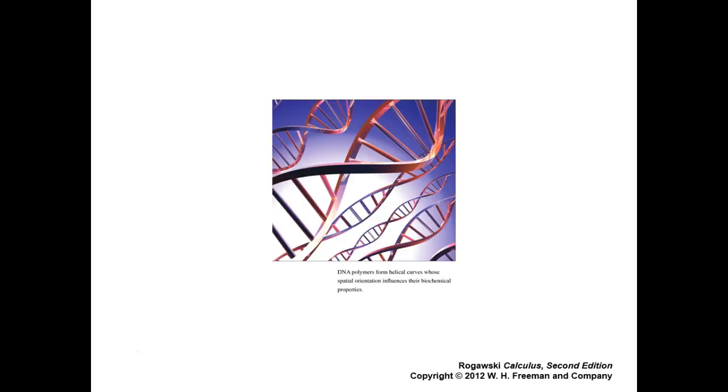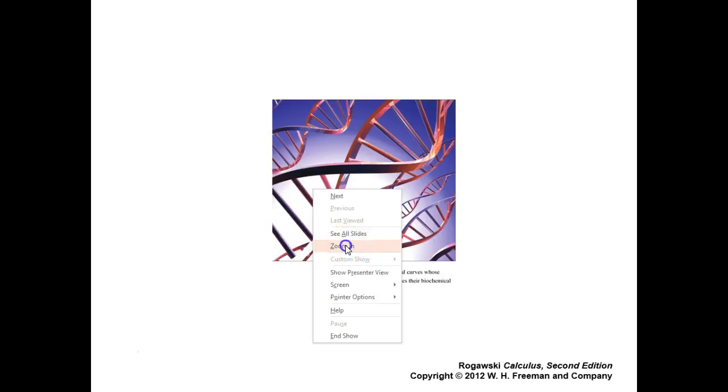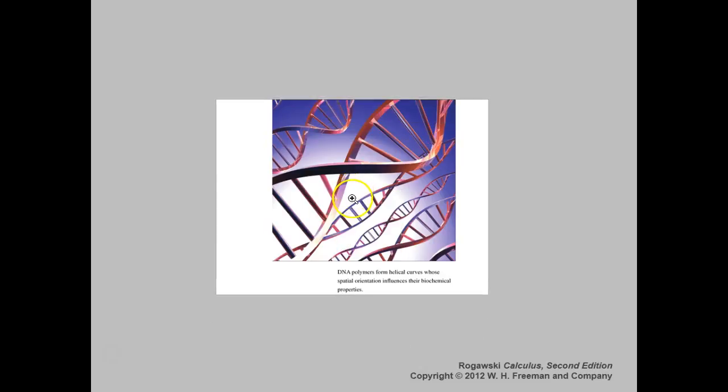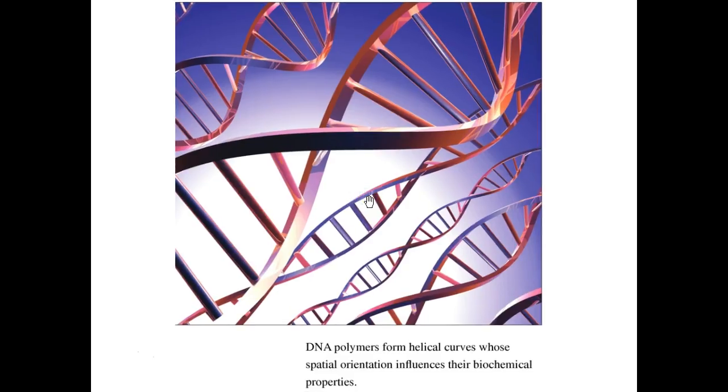Now, both in your book, somewhatly, and here, again, somewhatly, they're using as the example here DNA. DNA polymers form helical curves whose spatial orientation influences their biochemical properties.